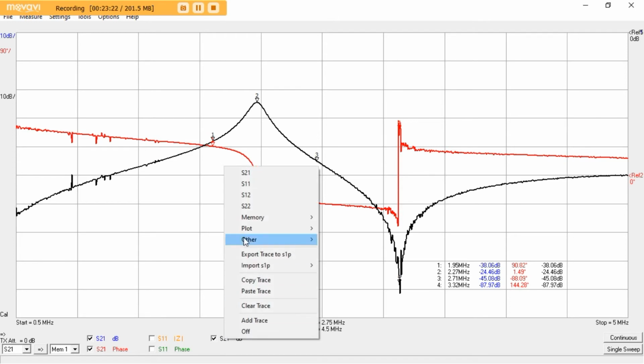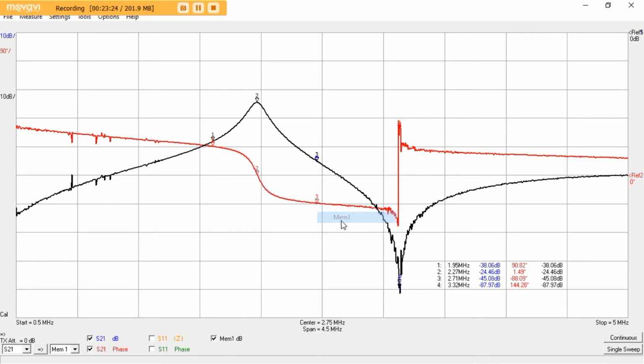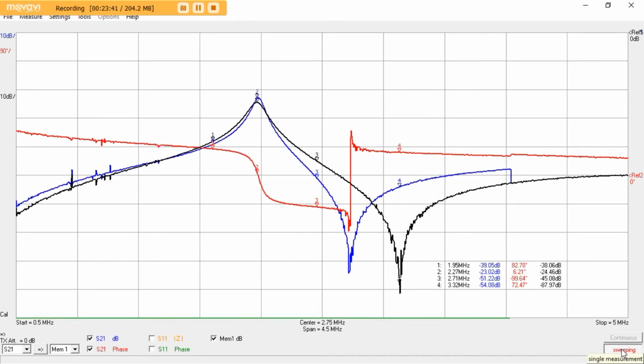Oh, I know why. I need to move that to memory 1. Okay, let me copy that to memory 1. Now I can move it back to 4 turns of the primary, take another sweep, and now we can see how that's changed. That was the point of doing this.